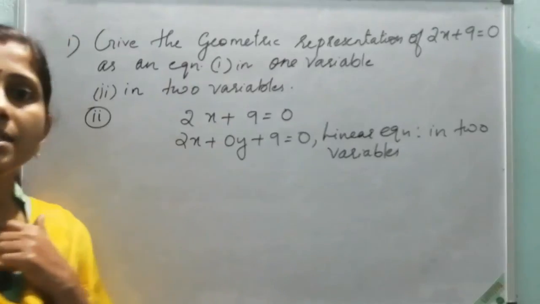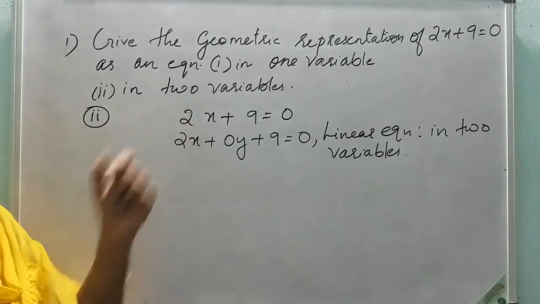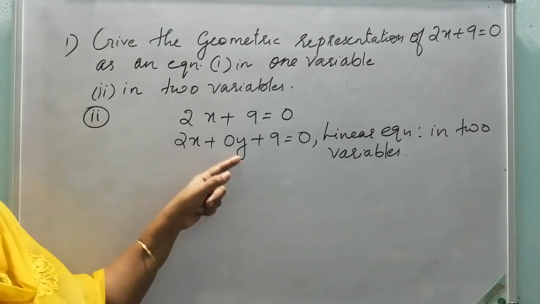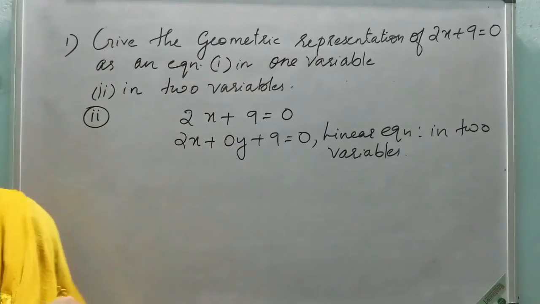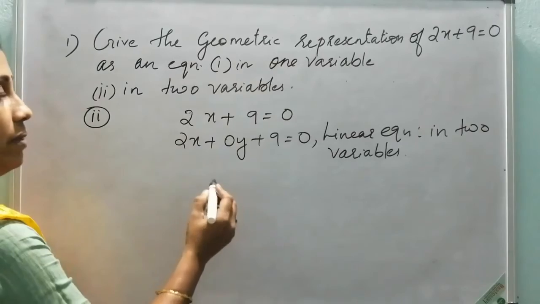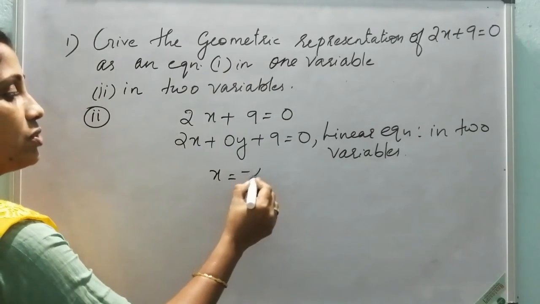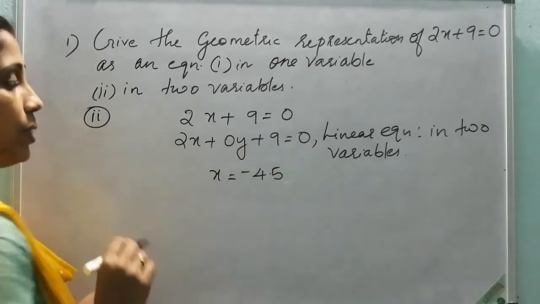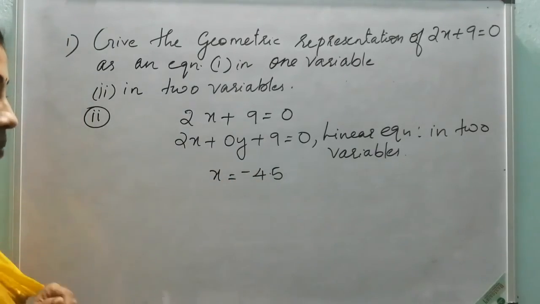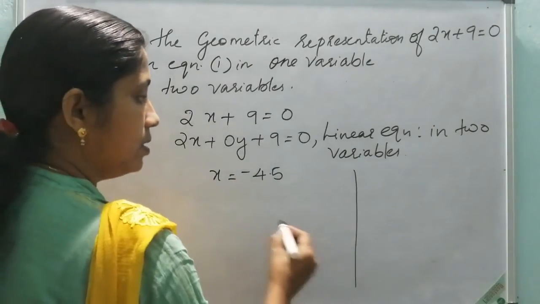Okay, then what you have to do? You have to represent it on the Cartesian plane, two variables. So we have to draw the graph. 2x plus 0y plus 9 is equal to 0. We already solved it in the previous one. In one variable we got the solution as x is equal to minus 4.5. So we have to draw the graph for x is equal to minus 4.5 in the Cartesian plane. Look here. Draw the graph.